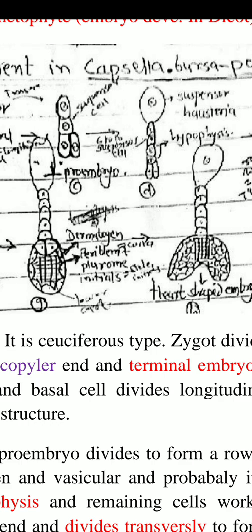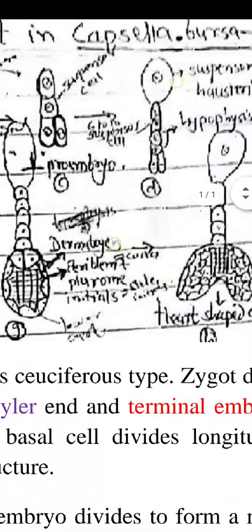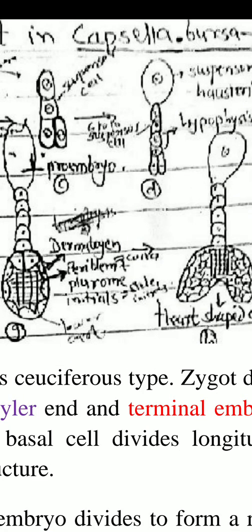Out of these six cells, the terminal cell becomes the haustorium, and the basal cell, which is very round in shape, becomes the hypophysis.